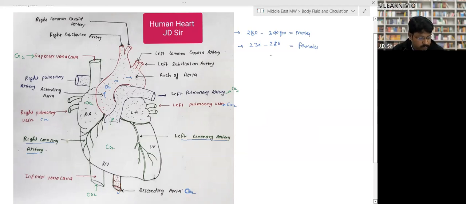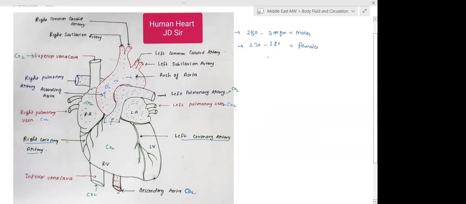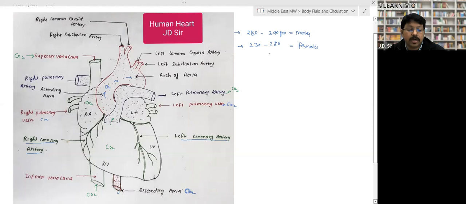Next point. Sir, what is the reason that the heart is smaller? Actually, Yusra, most of the body parts are smaller in females, right? What is the reason behind it? First, normally whenever you compare, you will see that the body size of the female is smaller than males.